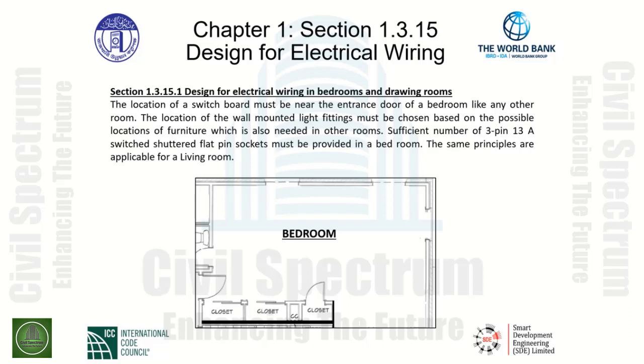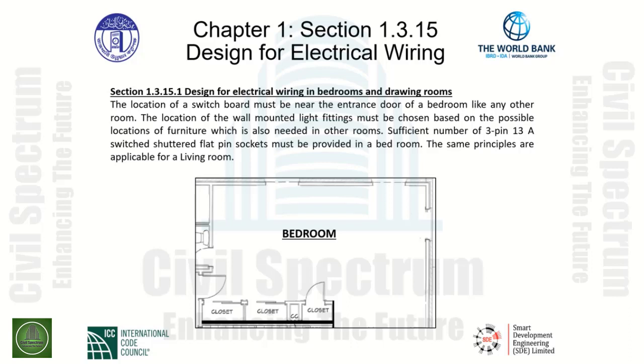The location of the wall-mounted light fittings must be chosen based on the possible locations of furniture, which is also needed in other rooms. Sufficient number of 3-pin 13 amp switched shuttered flat pin sockets must be provided in a bedroom. The same principles are applicable for a living room.